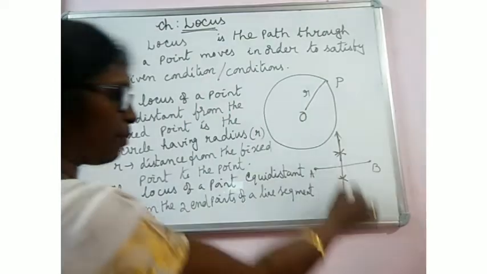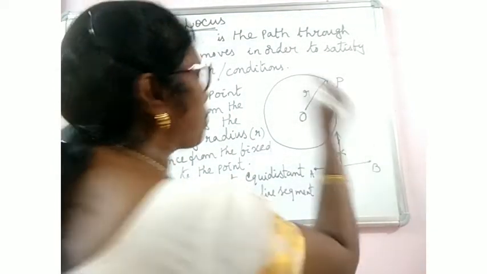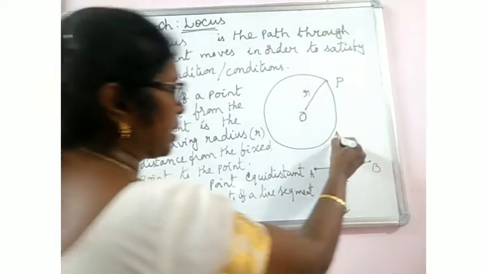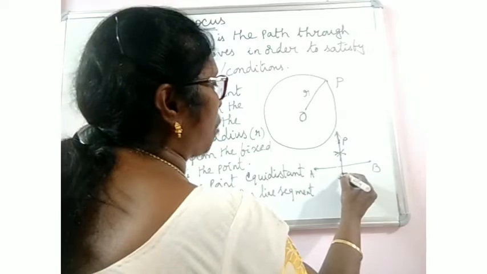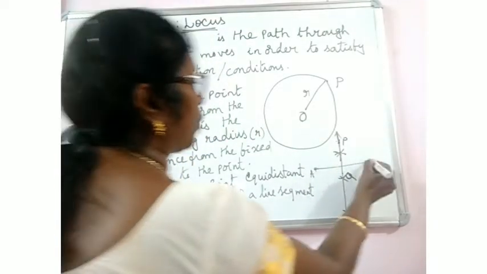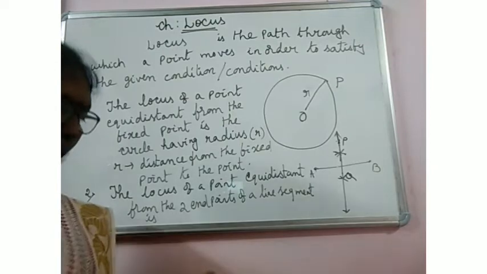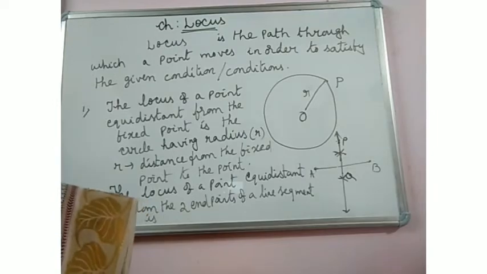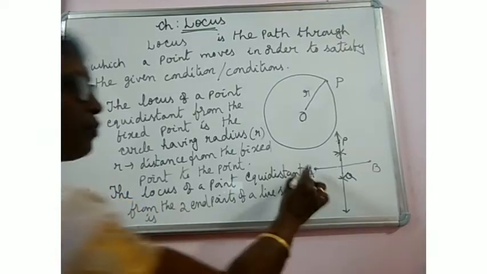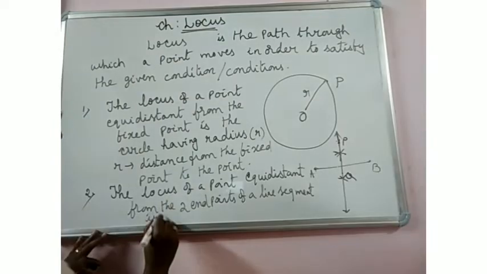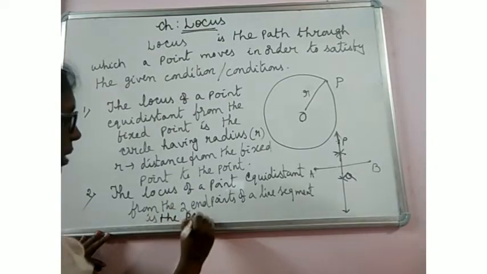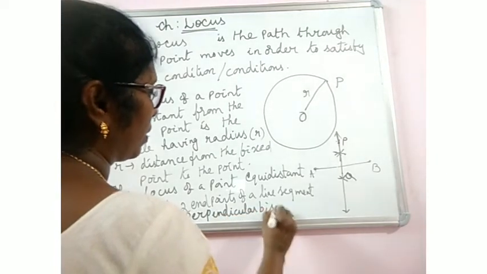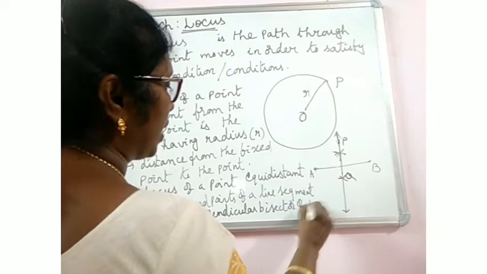If you draw the perpendicular bisector of AB, take any point on this. Let me take point P. From P to A is equal to P to B. Let me take a point Q here. Q to A is equal to Q to B. QA will be equal to QB. So any point on this perpendicular bisector, if you take, that point is always equidistant from these two fixed points. The locus is the perpendicular bisector of the line segment.